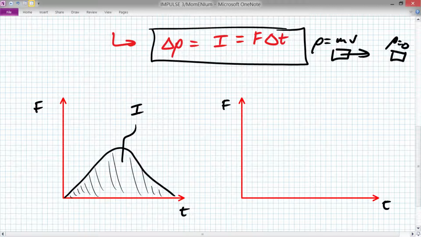And we can change one or the other of these parameters based on this equation, but as we'll discover in a second, the impulse has to remain constant all the time.